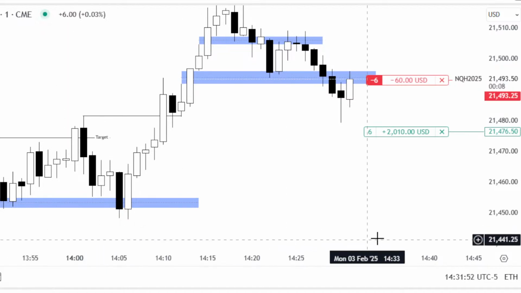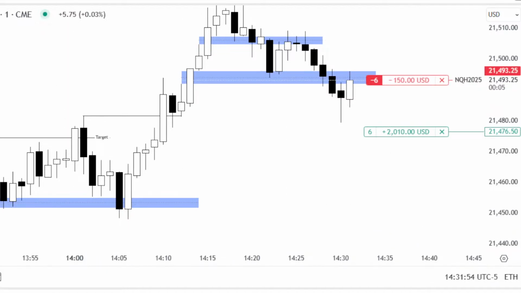Right, we just got picked up. Now we need to see price go lower from here.